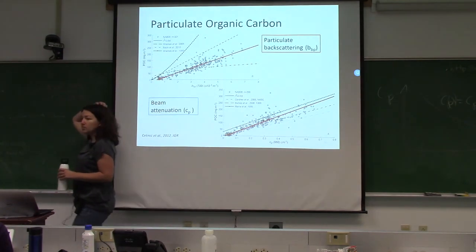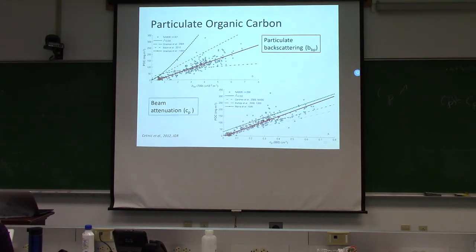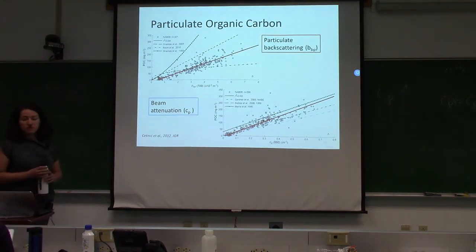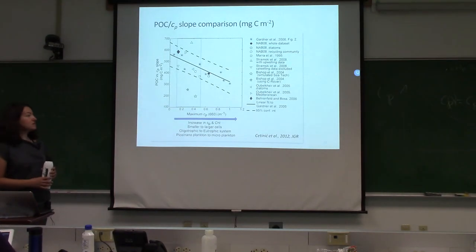And that goes back to the point that backscattering is so much more dependent on the morphology of the cell, the different internal and external structure, and the mineral type of the particles. Beam attenuation is really looking at the cross-sectional area. So when you start decomposing beam attenuation, you actually start to see some trends.